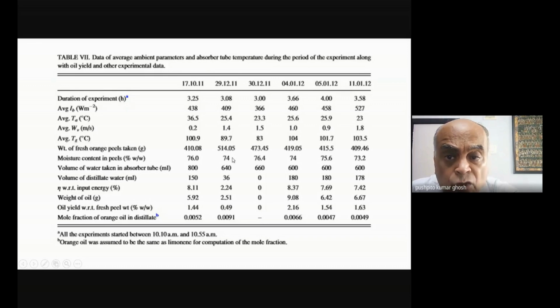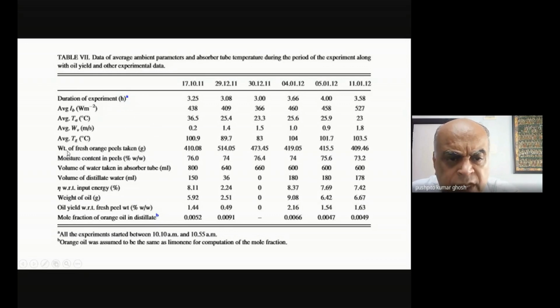And those who are good in modeling, there are standard equations which have been set up, where you can feed all these things, and you'll get some idea about what kind of steam you are likely to be able to generate. And so what will be your production?